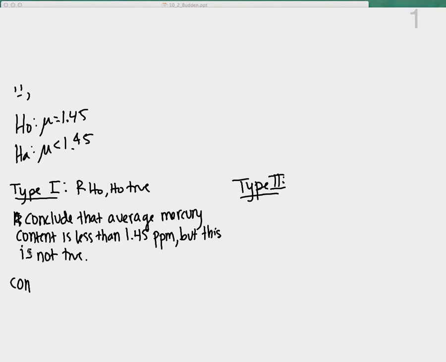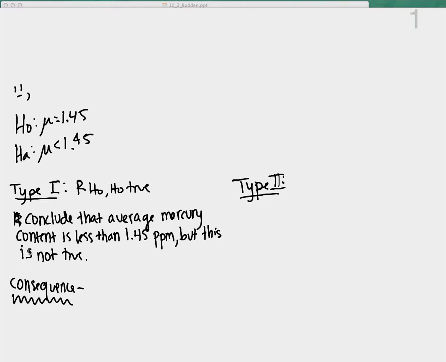Okay, so besides saying what the error is, you also are going to have to say what the consequence of this error is. So if we conclude that the average mercury content is less than 1.45, what do you think they're going to do? Allow the people to fish. Keep people fishing. Less than 1.45 is safe, right?